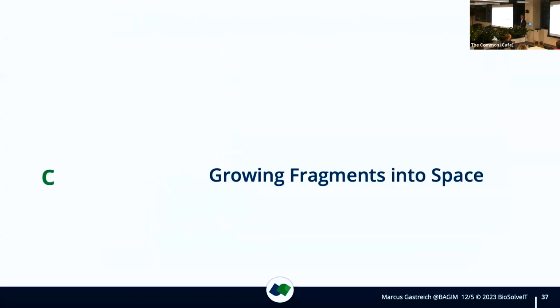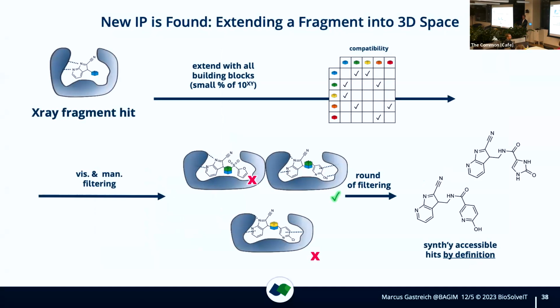So, growing fragments into space. What I just said is an empty pocket picking molecules from the chemical space. We could just as well, if we are in the fortunate situation to have a fragment binder, for example, start from the fragment binder and grow from the fragment, right? That's what we did with Gerhard Klebe's group and Crystal's first. I'll show you in a second, but the idea is essentially the same.